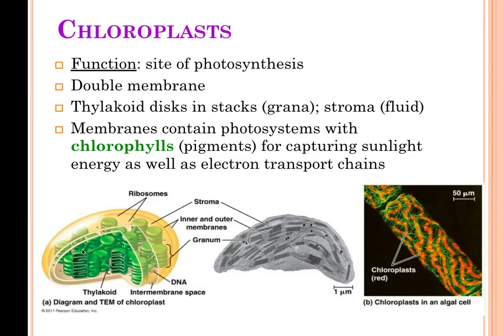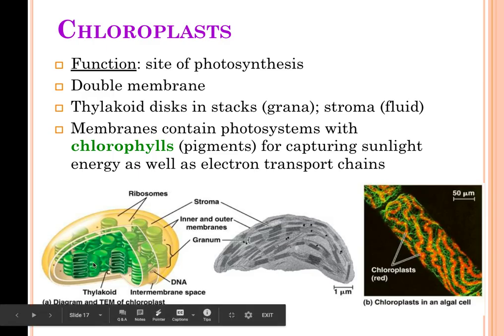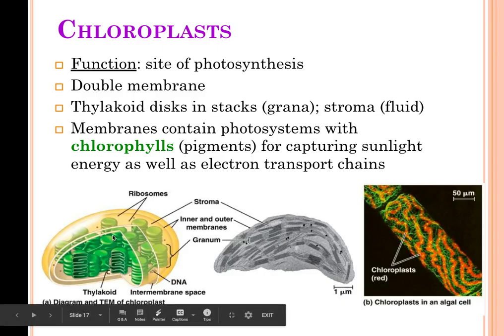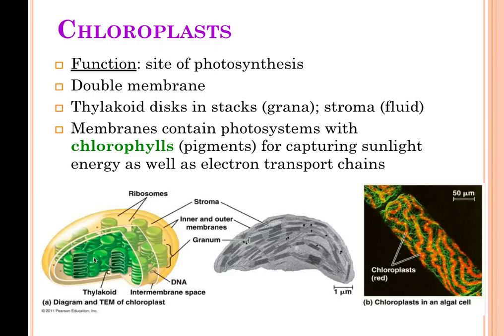In this case, we're going to pump hydrogens from outside the thylakoid to inside the thylakoid across that membrane. It's going to allow us to build up hydrogens on the inside of the thylakoid, and then they will fall back through the membrane, and that will form ATP. That ATP is then used to form glucose in the Calvin cycle, or the dark reaction, which occurs out here in the stroma.